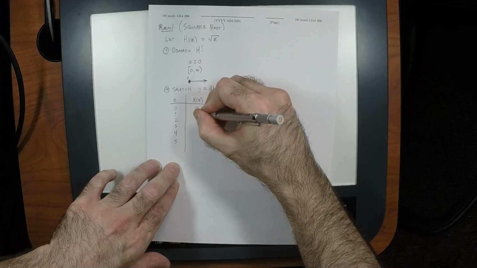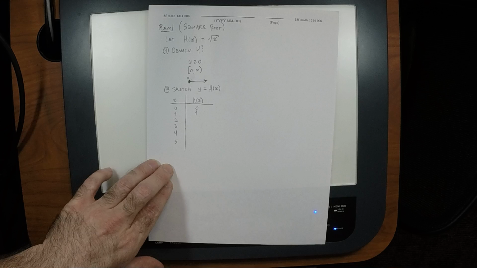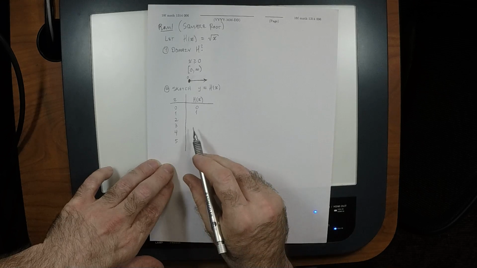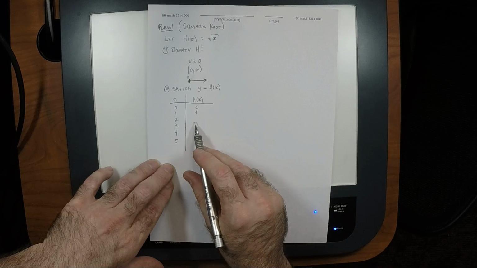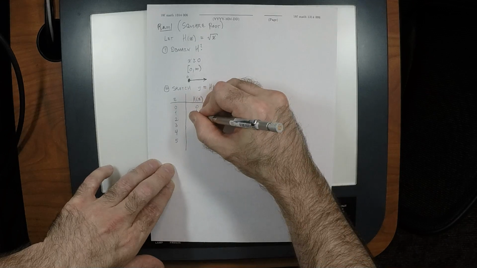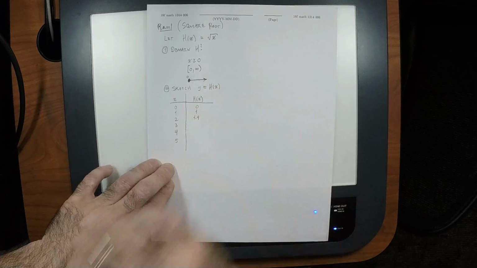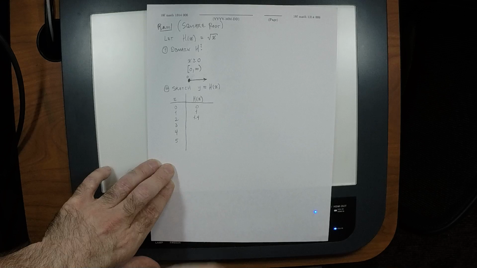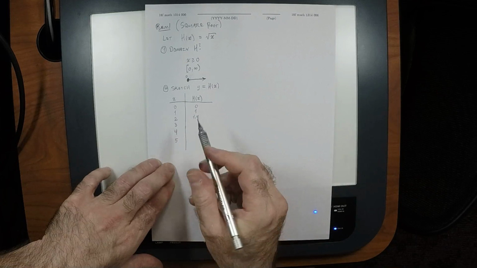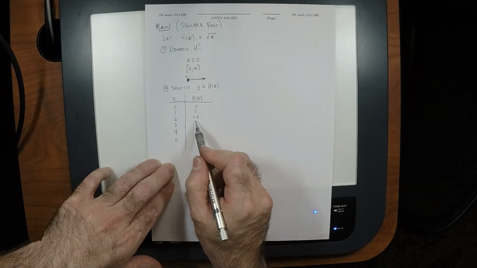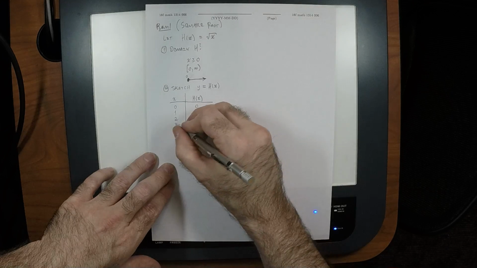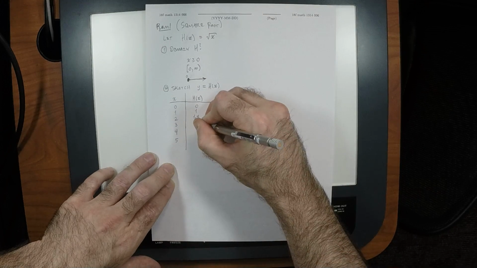Square root of 1 is 1. Square root of 2 as a decimal is approximately what? It's about 1.4-ish. 1.41. But I'm plotting it, right? So I can't plot that accurately. So the square root of 3 is about 1.7.